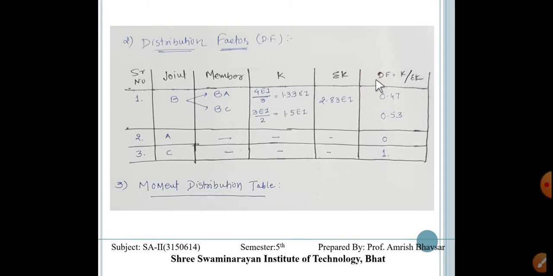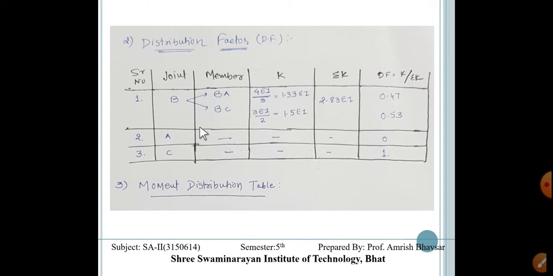Now the distribution factor is obtained from K upon sigma K. First, 1.33 upon 2.83 gives 0.47. So this 0.47 is the distribution factor of member AB, and the second, 0.53, is for member BC, at joint B.